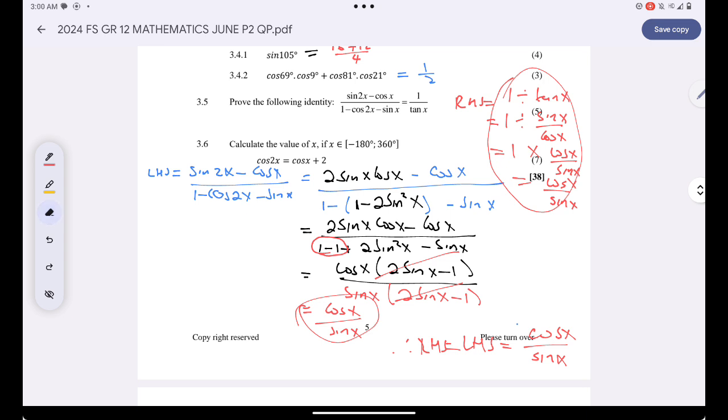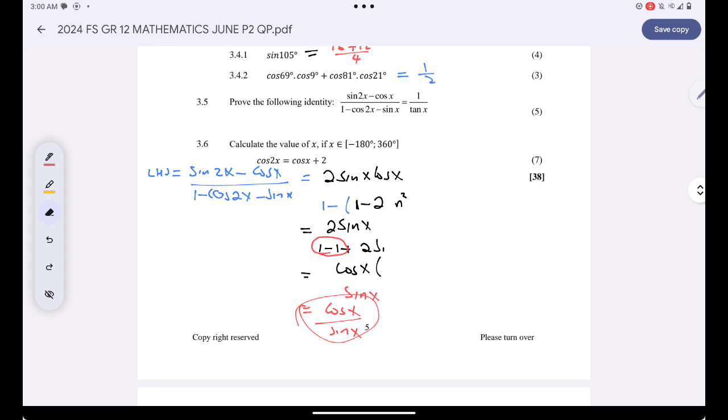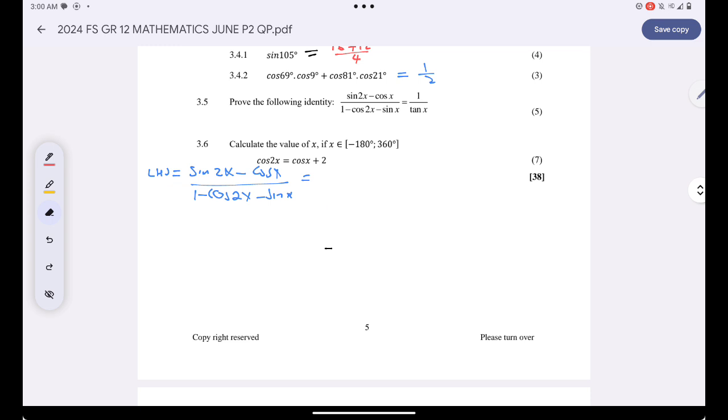Okay, let me create room to write 3.6. I'm supposed to calculate the value of x if I'm given the restriction there. Okay, it will be simple because I can simply change everything into one trig ratio there.